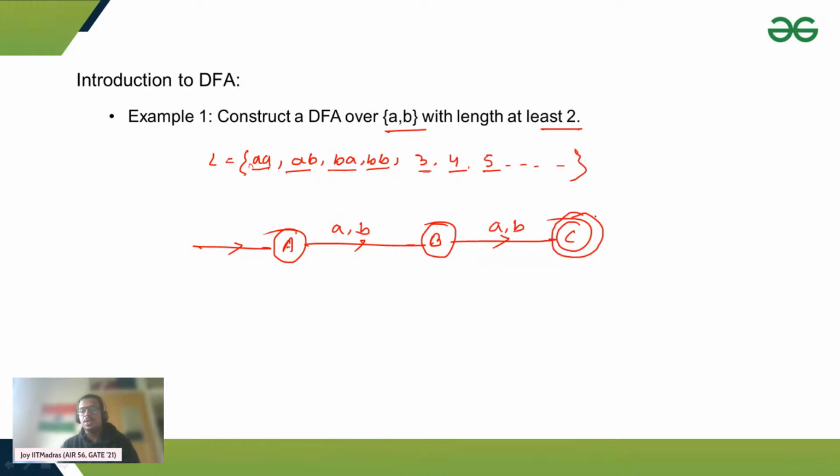So we simply add a self loop. Even upon getting multiple further symbols, we stay in state C. That ensures all the strings with length 2 and all the strings with length more than 2 are accepted. We reach the final state and stay there.